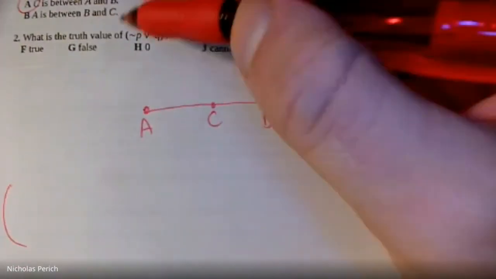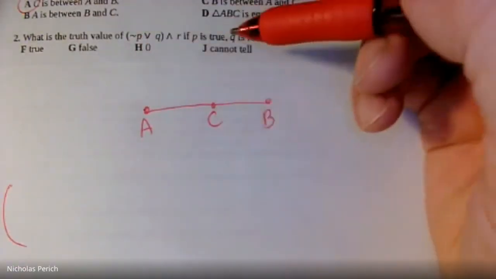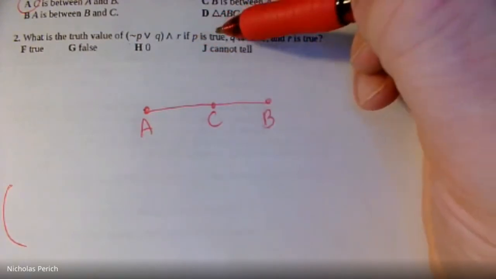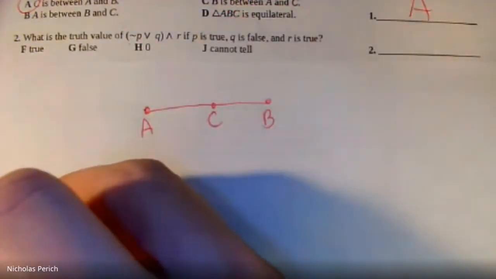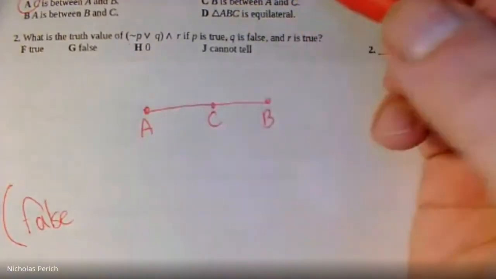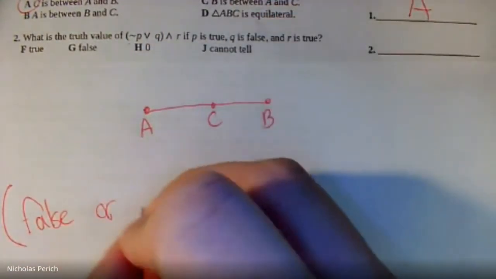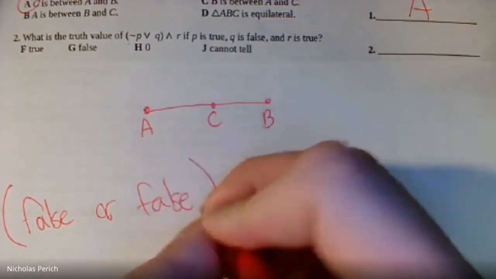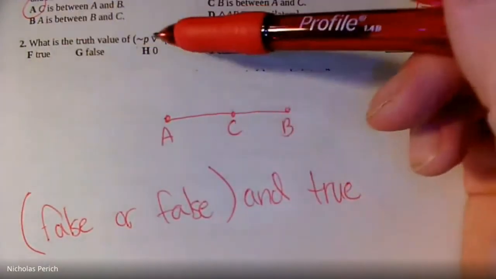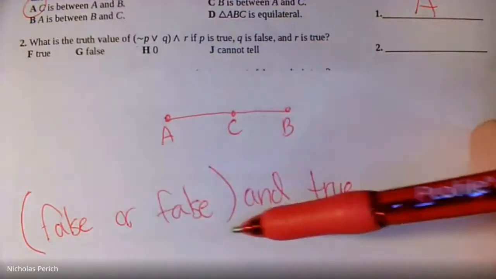I have not P, which means not true, so false, or Q, which is false. What is the truth value of that? All right, so I have a false or false and true.